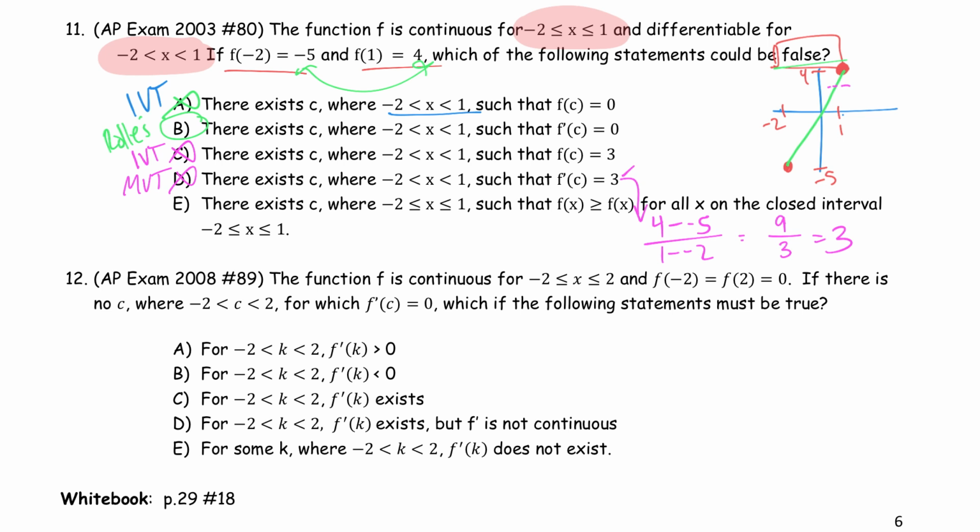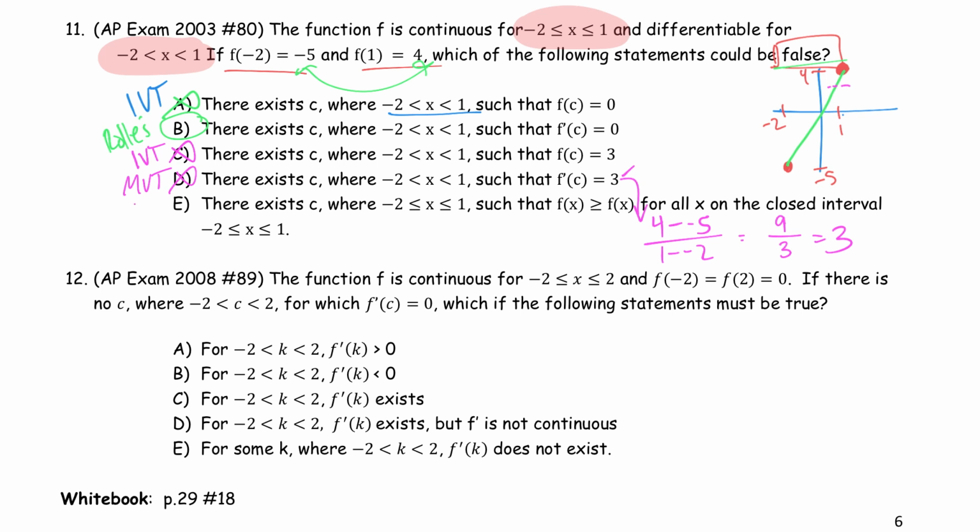All right, E, there exists some c on this interval such that f of c is greater than or equal to f of x for all x on the closed interval negative 2 to 1. So that's saying, is there some absolute maximum? And the answer is yes.